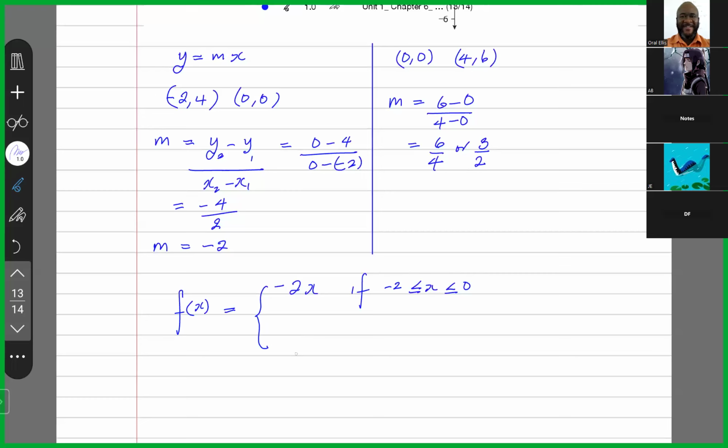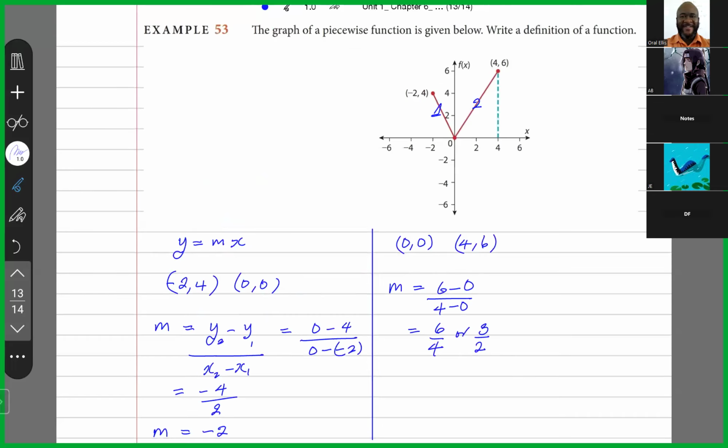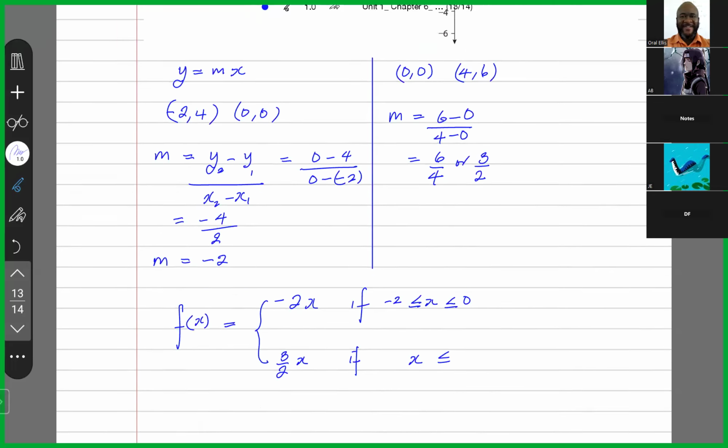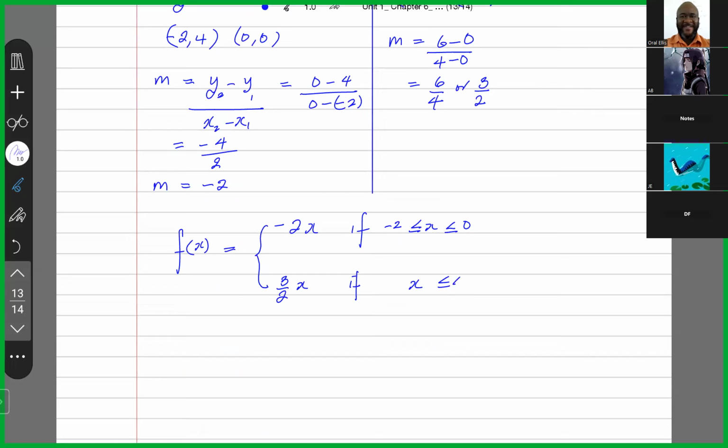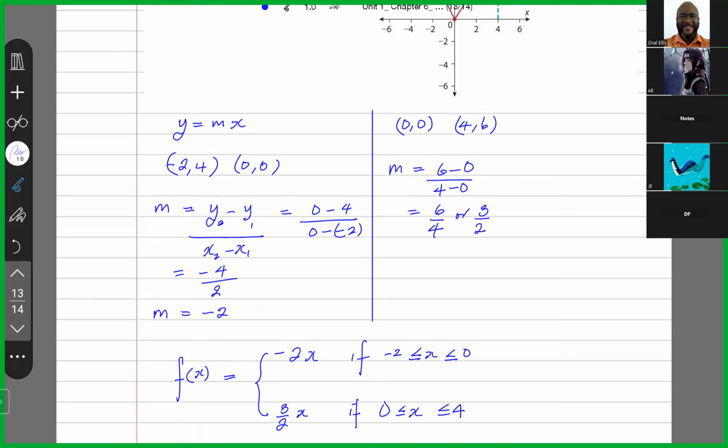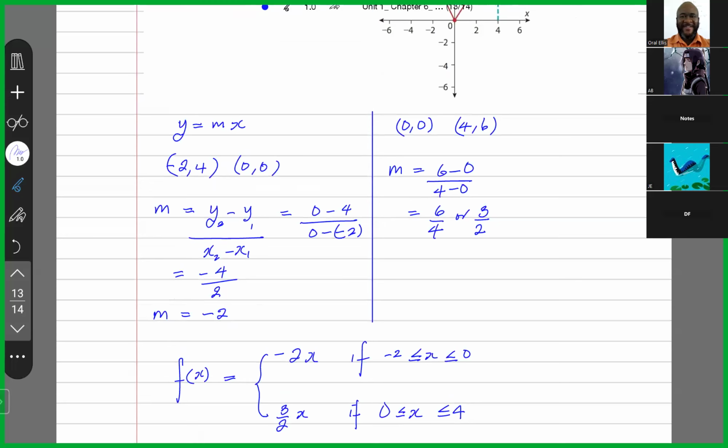And f of x is equal to 3 over 2 x if x is less than or equal to 4, but what? Greater than or equal to 0. So that would be your definition for the function that is described by the graph above.